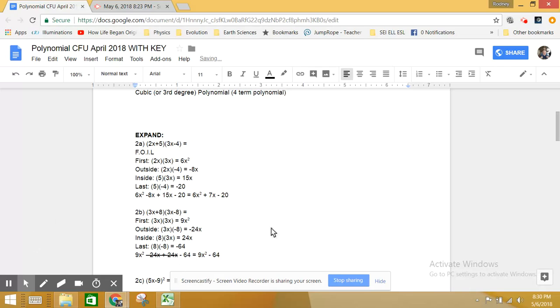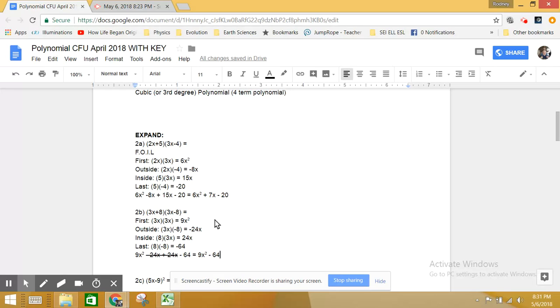All right, this is a difference of squares special case. 9x squared is a perfect square of 3x, 3x times 3x. And 64 is a perfect square of 8. If you see a binomial sum times its sort of Tweedledee twin, that's a binomial difference, where the first terms are the same and the last terms are just opposites of each other, then you have a difference of squares special case.